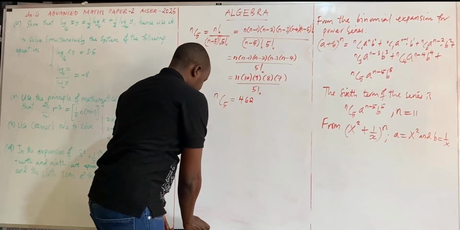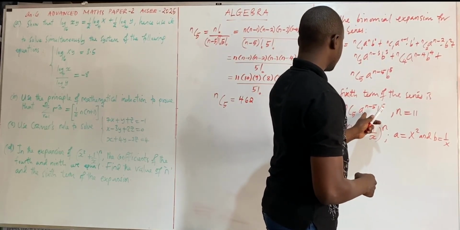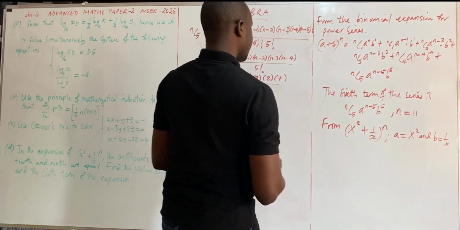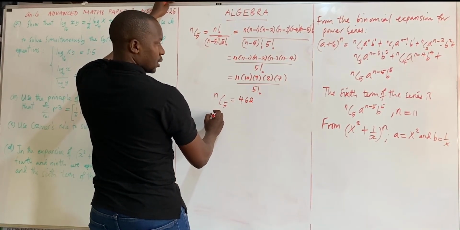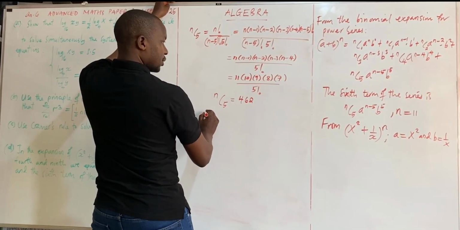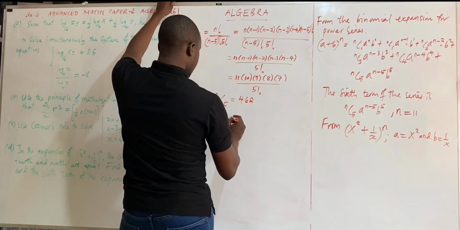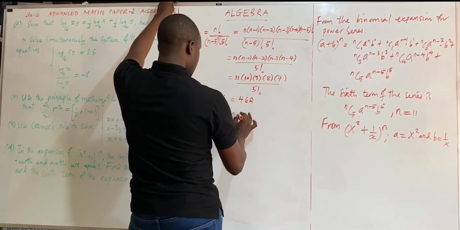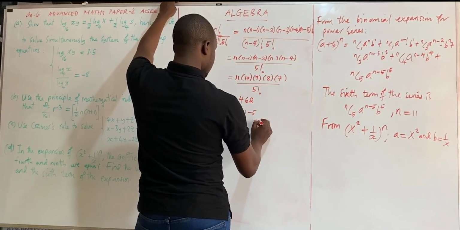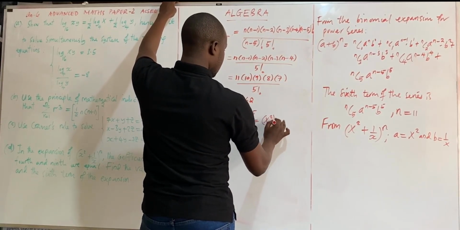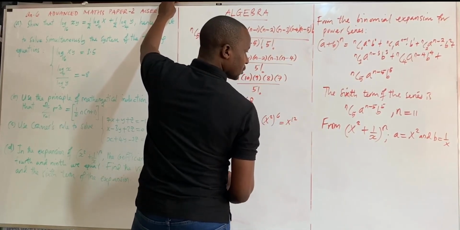If that is the case, that is already known. So what else? We need to know a raised to n minus 5. So a raised to n minus 5: a is x squared, then in brackets n, we know is 11 minus 5. So we end up getting 6, and now it will be x raised to 12.